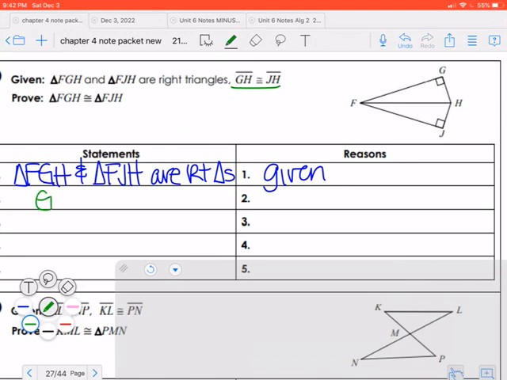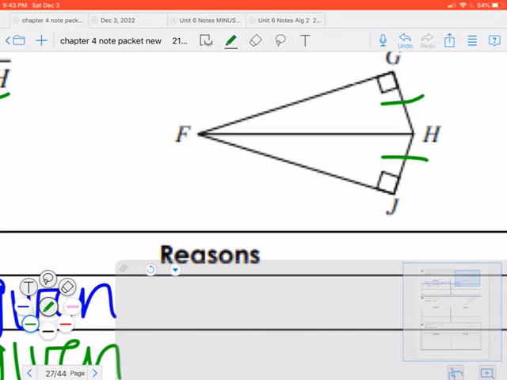GH is congruent to JH. GH is congruent to JH. Given. Alright, so we've got that they're right triangles, and we've got a side, or a leg rather. Hopefully you've noticed what you can do next.